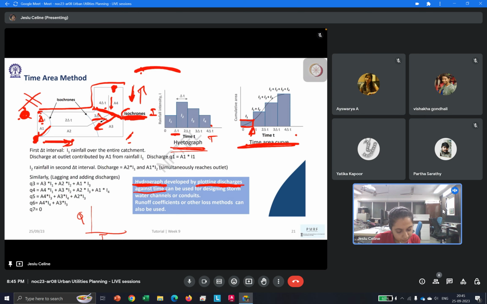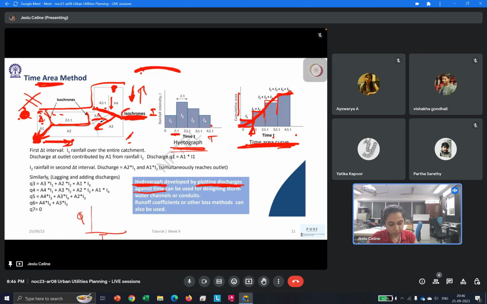In time t there might be a certain amount of intensity of rainfall, and in time t2, whatever was there before plus whatever comes from that particular area gets added up. Like this, we keep adding, and we get the cumulative area. That is why these arrows are given this way. Finally, when you take all the areas and add them up, you get a time area curve. So this is our time area method.